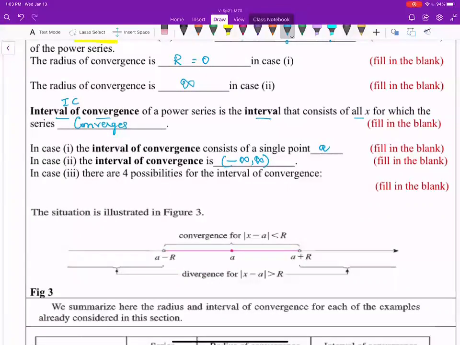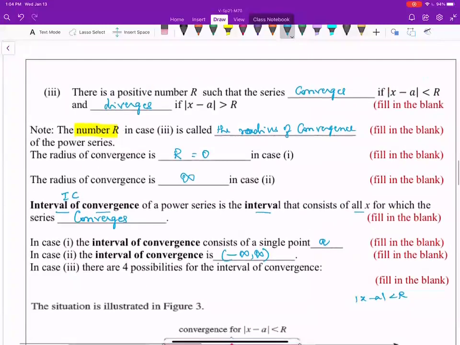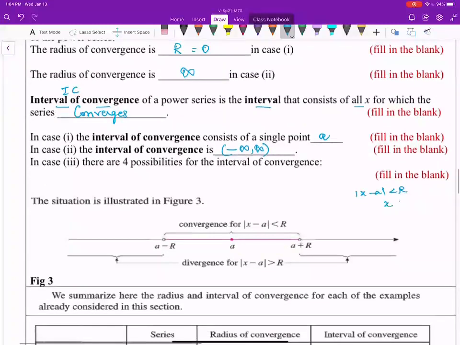In case 3, there are 4 possibilities for the interval of convergence. It will be clear from this picture. When absolute value of x minus a is less than r, x lies between a minus r and a plus r, and it is definitely convergent.